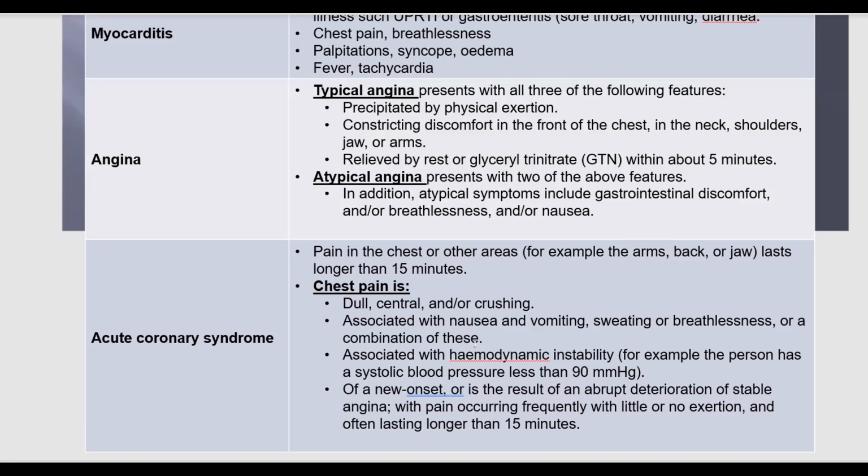We will be giving 300 milligrams of aspirin. Yes, very good. Beta blockers, oxygen, painkiller, ECG, troponins, and first of all we will put the patient in the resus room. Yes, you're right, guys. Either it is non-STEMI or STEMI, treatment depends upon the presentation.